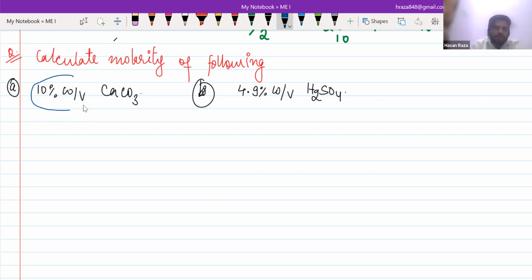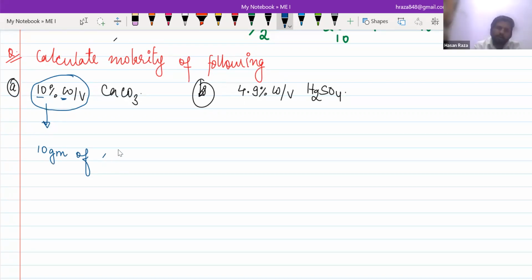What does this mean? 10% weight by volume. I already told you when we were learning weight by weight percent, volume by volume percent. This is your 10. Since it is weight, so we are going to take 10 gram of solute generally in the numerator.